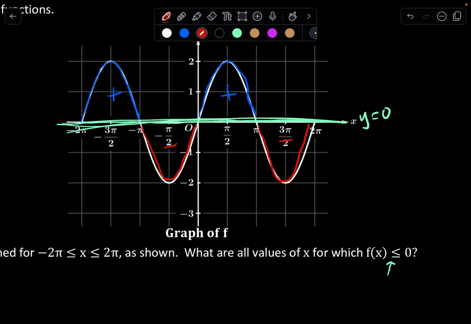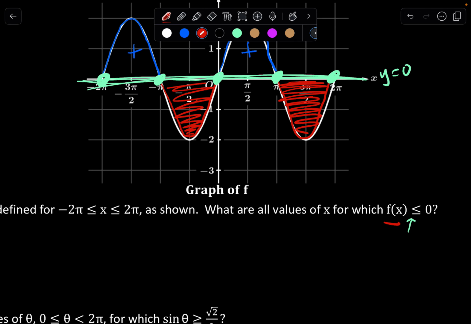So we want to focus on when is f of x less than or equal to 0. So I'm also going to include when it's equal to 0 by using solid filled in dots. And what I want to focus on is this section here and this section here. These two parts or two intervals are the parts of the curve that satisfy the inequality.